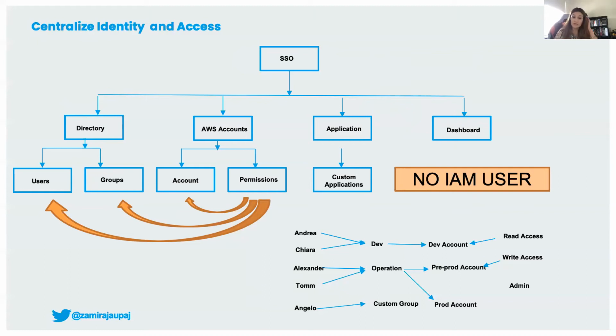So you can create groups for developers, operations, and DevOps, and each team can have different permissions. You can assign one group to a specific account or specific resources, attaching a specific policy for each of them. So basically you don't create IAM roles or users in the child accounts, but all of these users are governed in the master account in single sign-on.